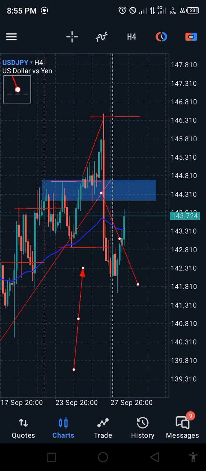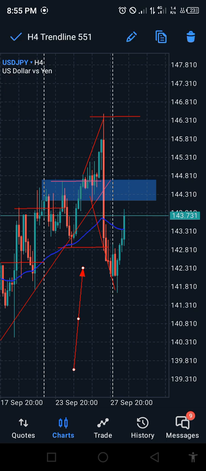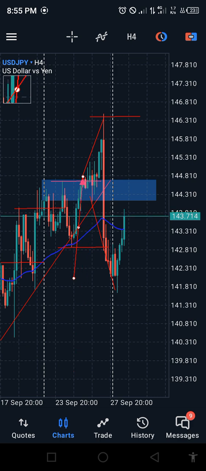We connect the left shoulders, so the left shoulders have been connected successfully. Now inside that zone, we see that the market is going to react. You see that the zone starts from here and the zone ends here, so the market is going to react at this particular level.